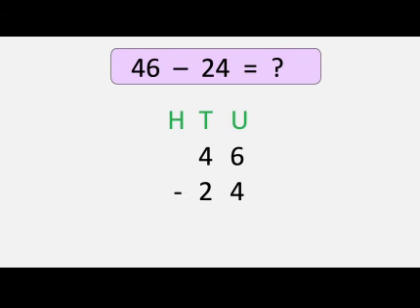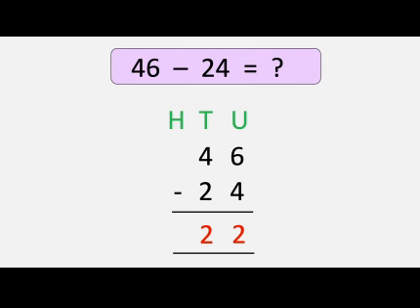The steps are: start with the units. 6 minus 4 is 2. Write the 2 in the answer box under the 4. Then look at your tens. 4 tens, or 40, minus 2 tens, which is 20, is 2 tens. Write the 2 tens in the answer box in the tens column under the 2.